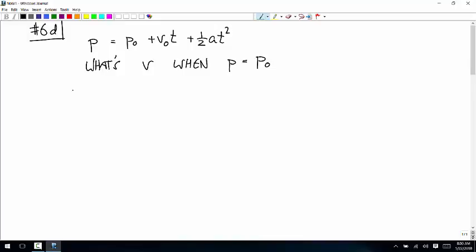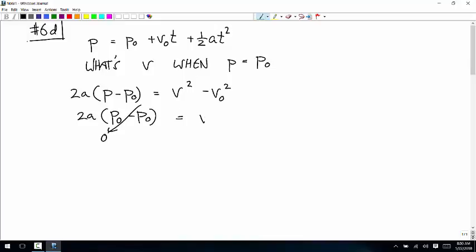Then you could use this equation: 2a times (P minus P0) is equal to V squared minus V0 squared. So 2a times (P0 minus P0), that goes away, is equal to V squared minus V0 squared. And so you get that V is plus or minus V0.